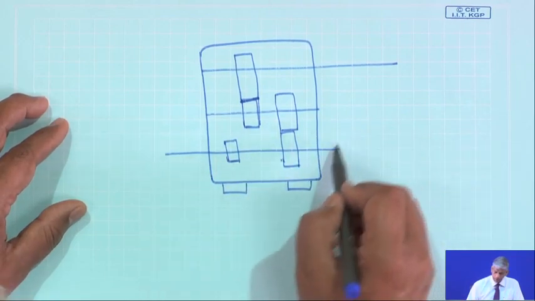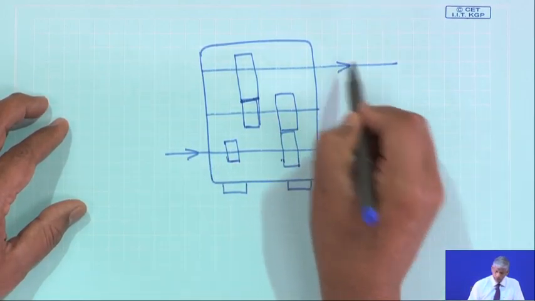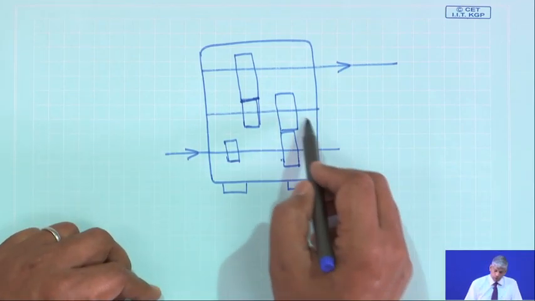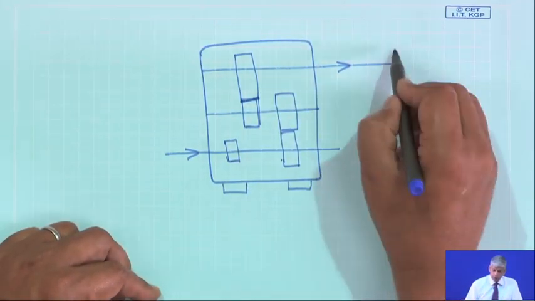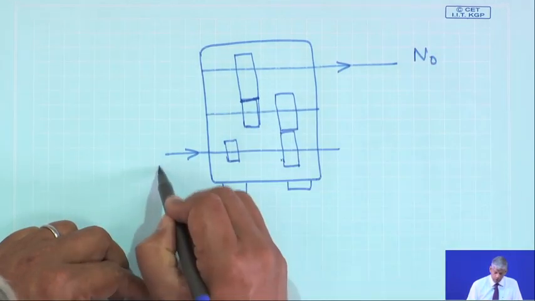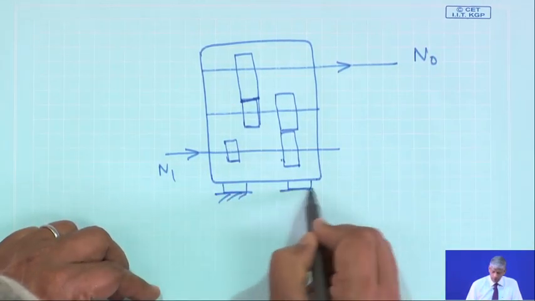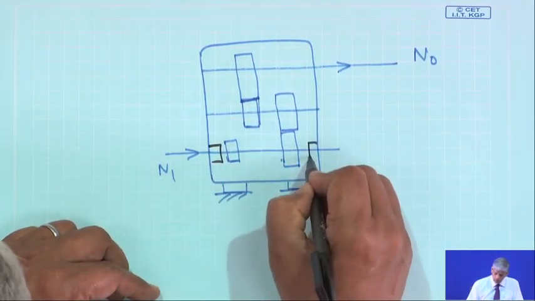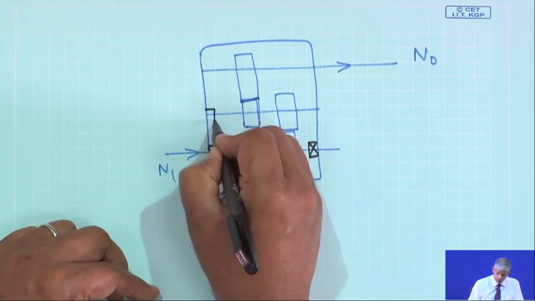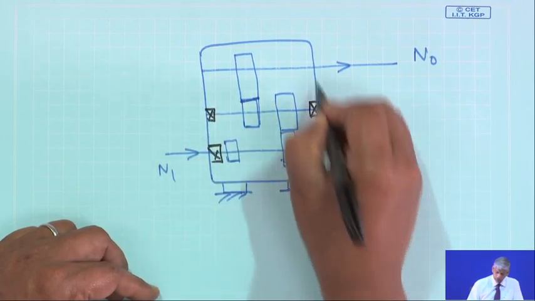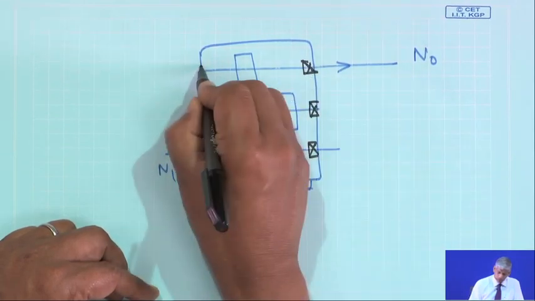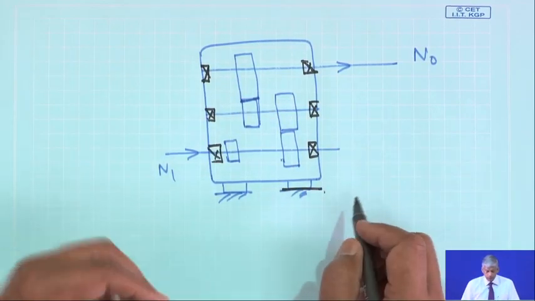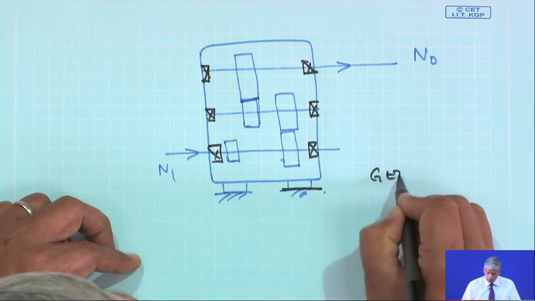So, these gear ratios, depending on the teeth ratios, the output speed will vary, and there are bearings supporting the shafts. Okay, and they are on the foundation. So, this is a gearbox.